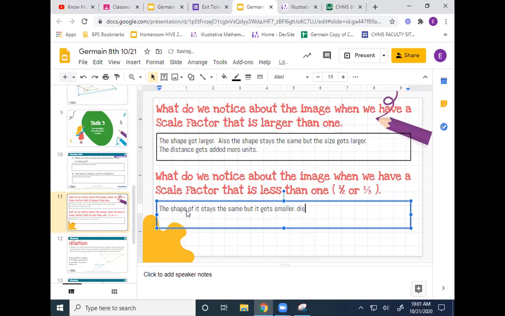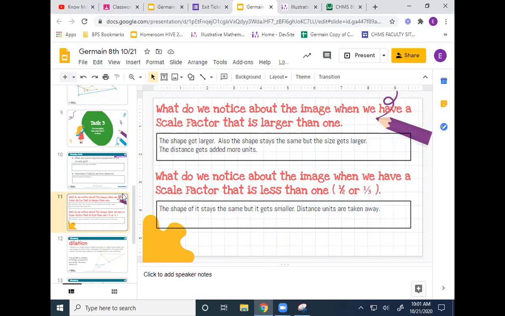So distance units, D-I-S-T-A-N-C-E, units are taken away. Very good. Nice job, Edgar. And I like the way that you explain that, because you said, I don't know if this sounds right, and you took a risk. I love that. Risks are always good to take in math class.